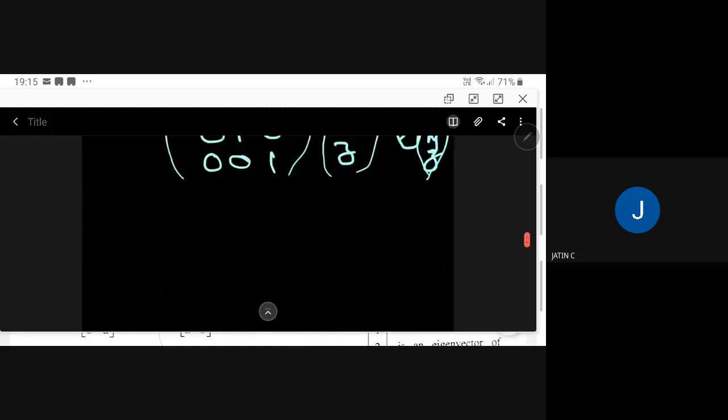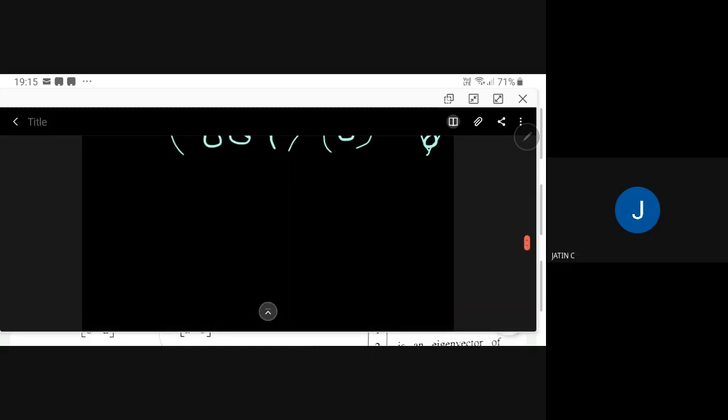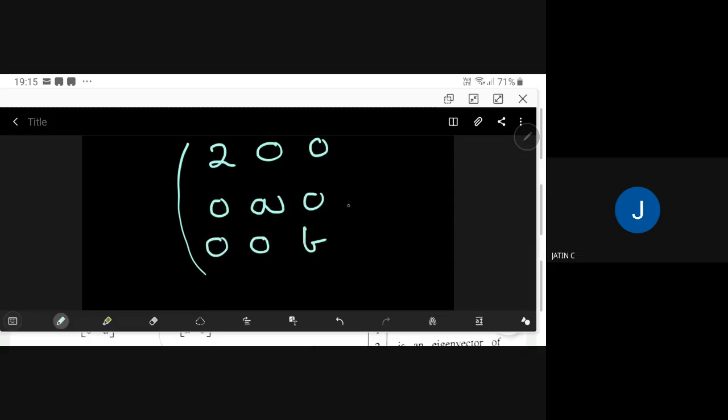Okay, and suppose a supplementary problem I am creating here. Suppose the same question I ask like this: 2 0 0, 0 A 0, 0 0 B. If I take this as the matrix, what are the values of A and B such that for this matrix every vector is an eigenvector?